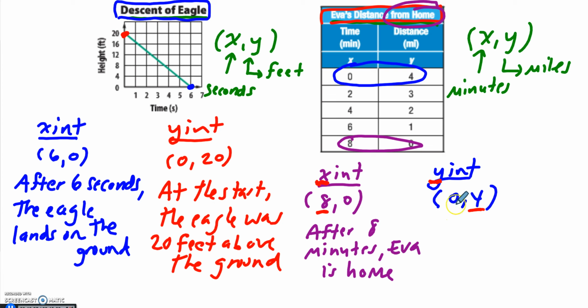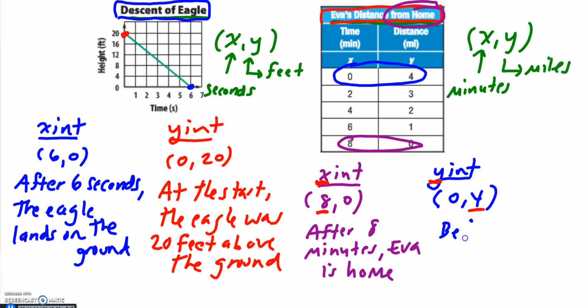Now on to the y-intercept. The x value is 0, so you could again say after 0 minutes, but we're talking about Ava's distance from home. So you could say at the start, but you could also say before she leaves, because you know she's going somewhere.